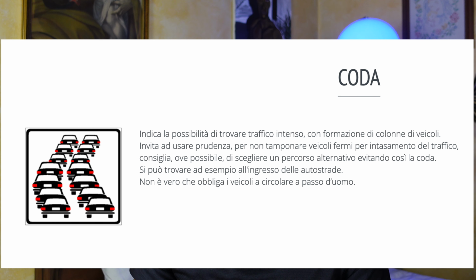Coda indica la possibilità di trovare traffico intenso con formazioni di colonna di veicoli. Quindi evita a usare prudenza per non tamponare i veicoli fermi per intasamento di traffico. This one here is letting you know you are likely to come across traffic on that part of the road.